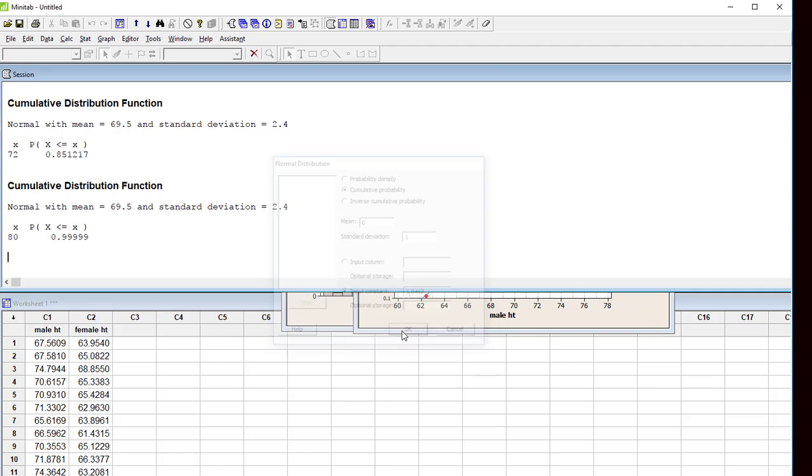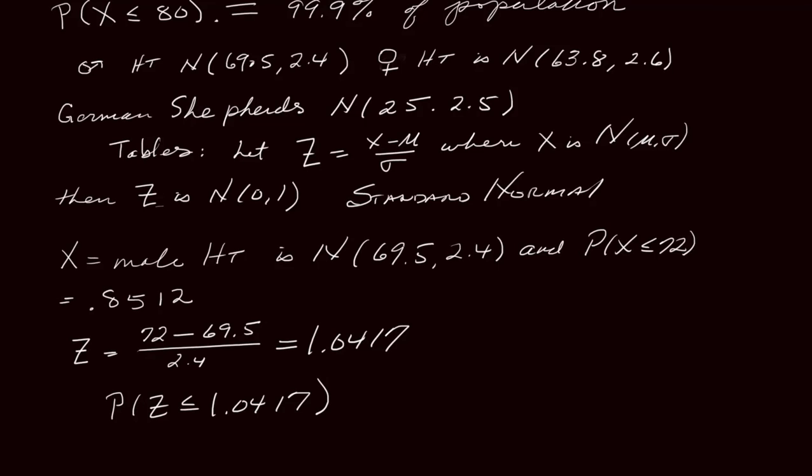Say OK. And the probability that z is less than or equal to 1.0417 is 0.85122. That's exactly what we found for x less than or equal to 72. X less than or equal to 72 is 85.12.